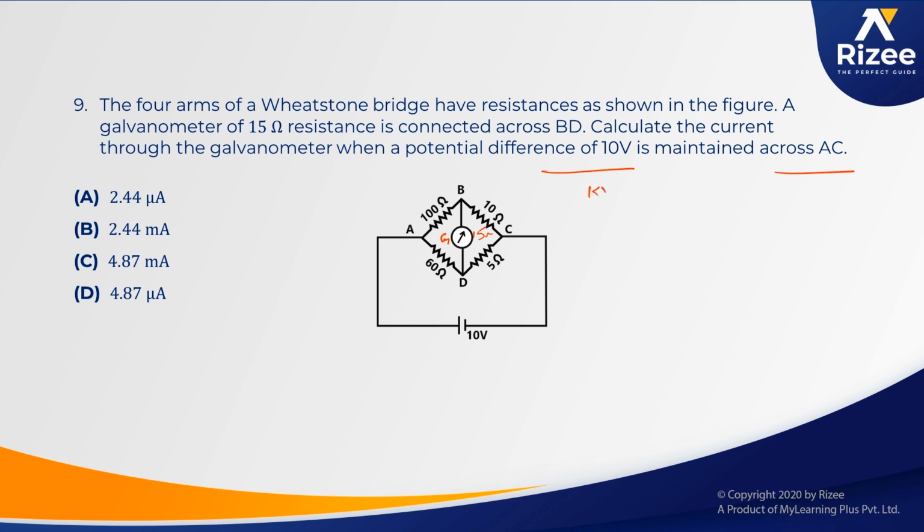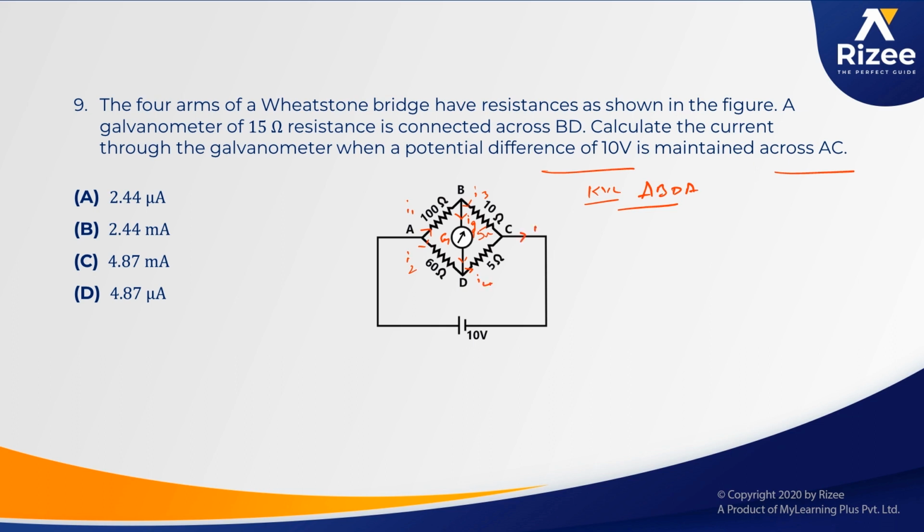Considering Kirchhoff's voltage law, your first loop will be A, B, D, again A. Let some current I1 be passing from here, and here some current I2 is entering, and here it is dividing as Ig through the galvanometer, and this current from here is I3, and here Ig and I3 are going to combine and form I4.